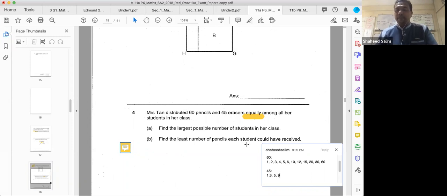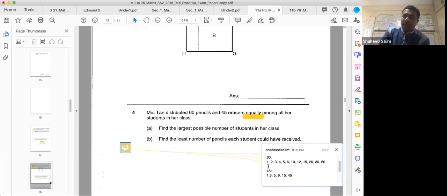Then the next one, 3 times 15. And 1 times 45. So these are all the factors.